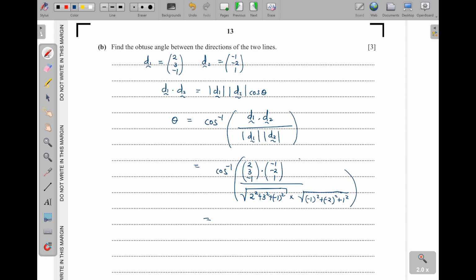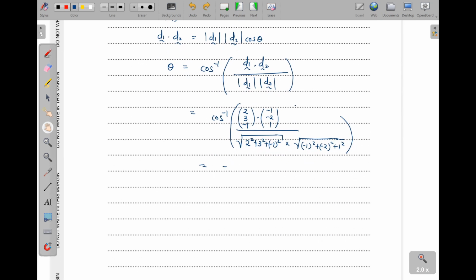So here we have 2 times -1, that is -2. So -2 here, then 3 times -2, that is -6, and then -1 times 1, that is -1. Out of this one will give us, this is 4 plus 9, that is 13 plus 1, that is 14.